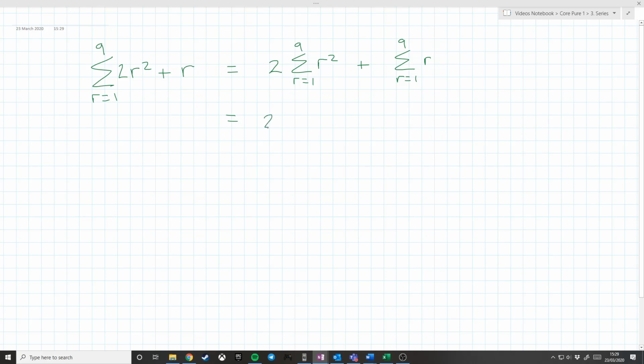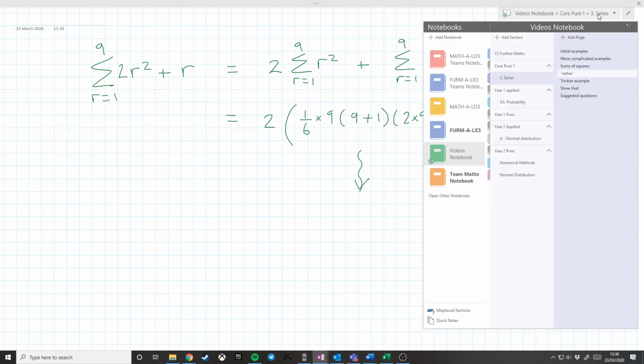And this would become 2 times, in brackets, 1 over 6 times 9, open brackets, 9 plus 1, 2 times 9 plus 1, using the formula that I just said, plus, and this is n over 2, n plus 1, so this will be 9 over 2, 9 plus 1, and then blah, blah, blah. And I'm not actually going to finish the example.